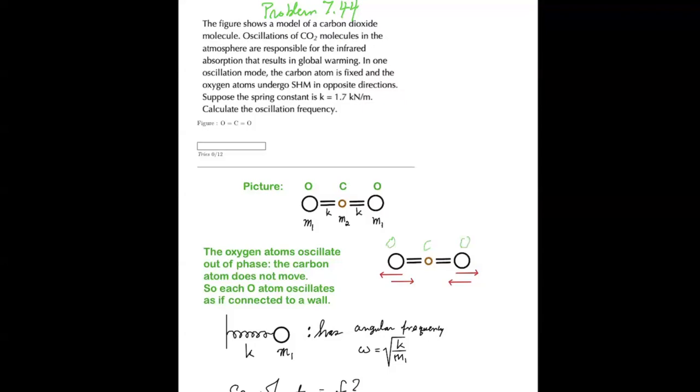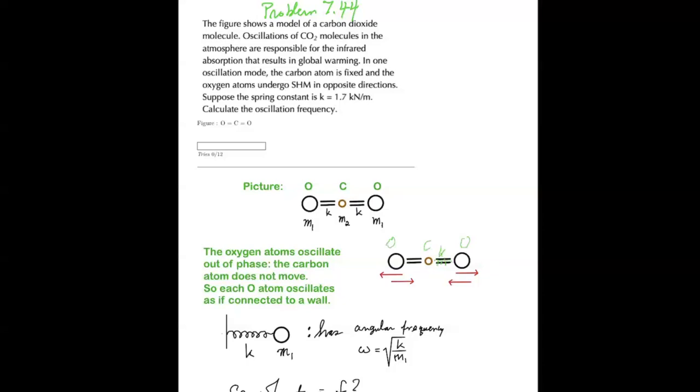and the oxygen atoms, both of them, oscillate with equal frequencies. So as far as the motion of the oxygen atom is concerned, it's just like it's connected to a wall by a spring. So this binding of the two atoms can be treated as a spring with a spring constant K. The oxygen atom has a mass M1, and the end of the spring is at rest.